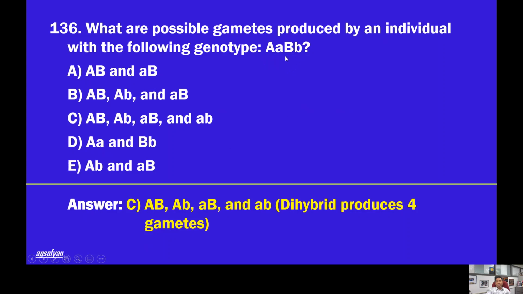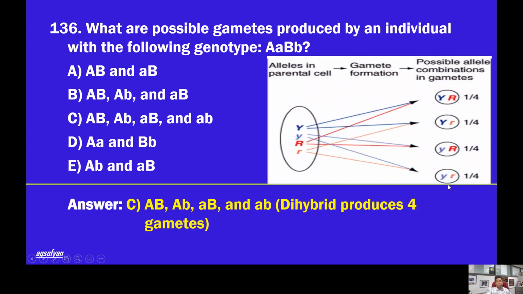The third one will be A lowercase combined with the B capital letter, and the last one will be A lowercase with the B lowercase. So it's going to be four types of gametes that are actually different. This is the independent assortment of alleles from this genotype.